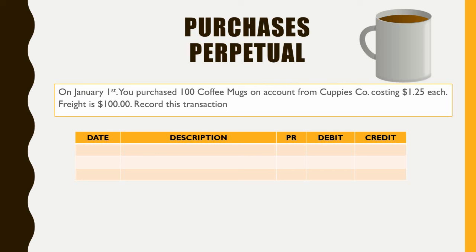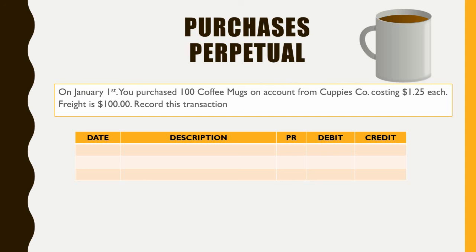In this case, if on January 1st you purchase 100 coffee mugs on account from Cuppies Co., and each cup costs you $1.25, and freight costs you $100, let's go ahead and record this transaction.